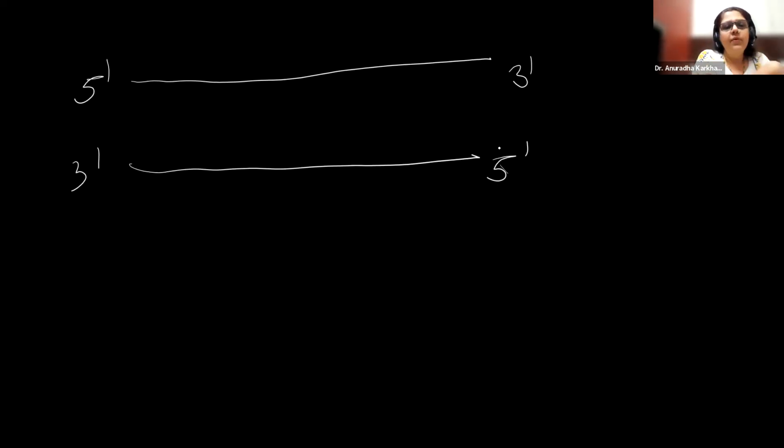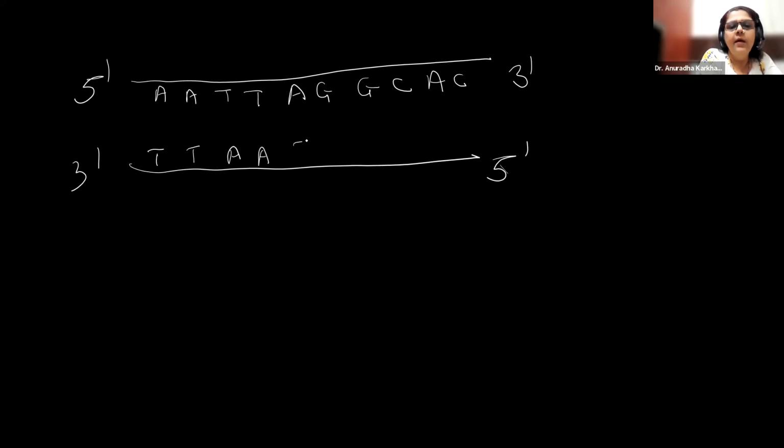हाँ, अब देखो यहाँ पर है A A T T A G G C A C. फॉर एग्जाम्पल बता रही हूँ मैं. तो इसके कॉम्प्लीमेंट्री स्ट्रैंड पे क्या होगा बेटा? A will pair with T, T A A T C C G T G. Correct?